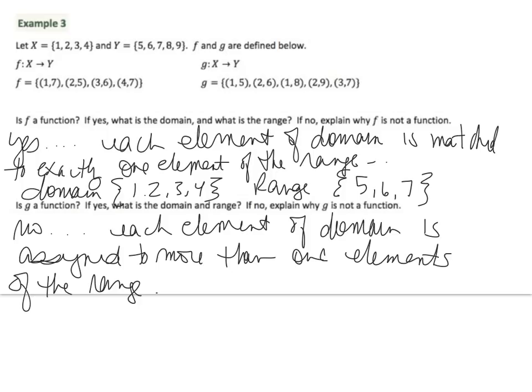If I look, I've got the domain of 1 assigned to 5 here and 8 there. That's a no-no. Okay? It's like Fred with Mike and Carly. So for example, 1 is matched to 5 and 8. That's a no-no.